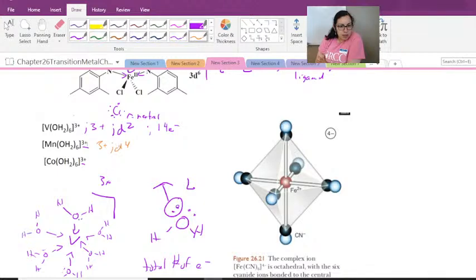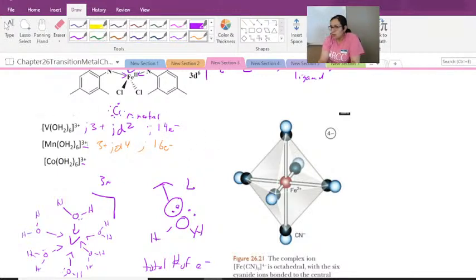And then how many total electrons did manganese have? You can start with vanadium's answer, right? Because you still have 6 water ligands on there, except now you have a D4. Yep, so 16 electrons. And this is kind of typical.